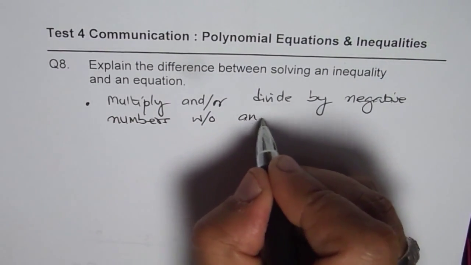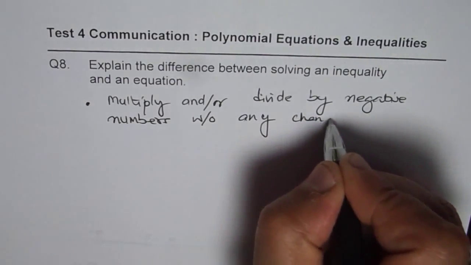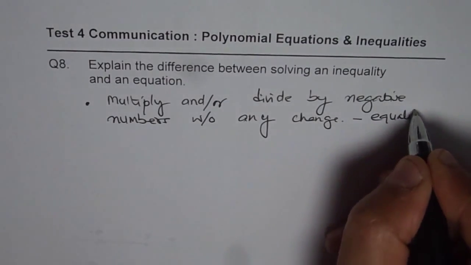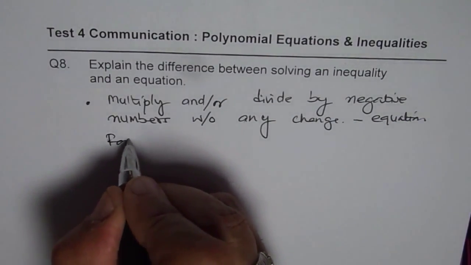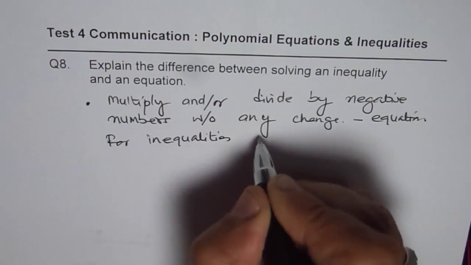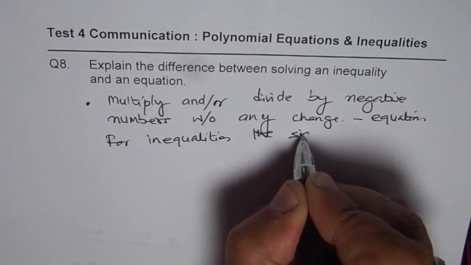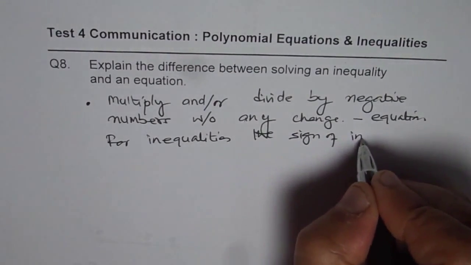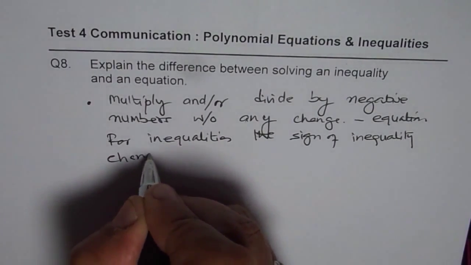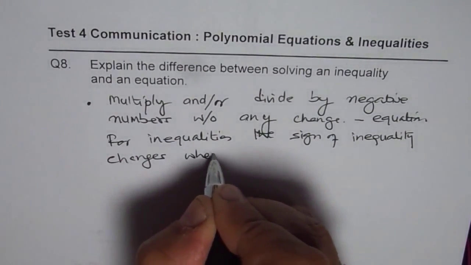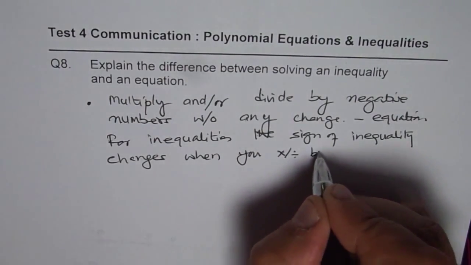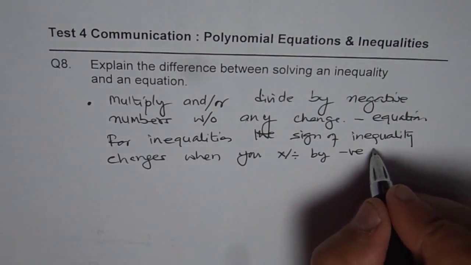Without any change. But that is in case of equation. Is it okay? But for inequalities, the sign of inequality changes when you multiply or divide by negative numbers.